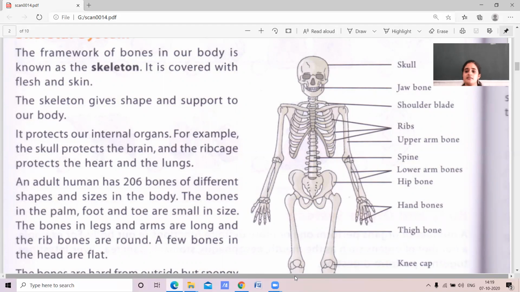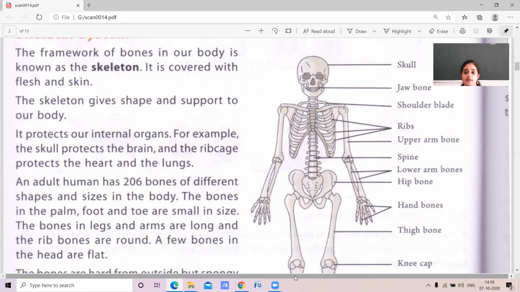Because of the presence of the skeleton, we have a particular shape and it provides support to the body, students. It also protects our internal organs. Because of the skeleton, our internal organs are protected.